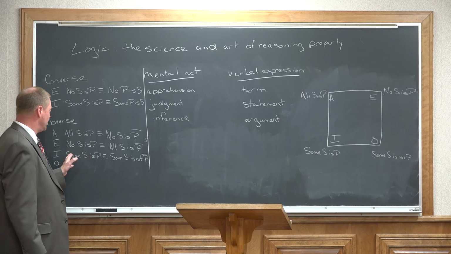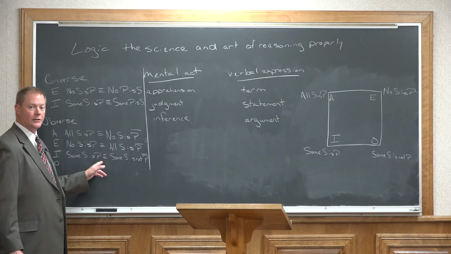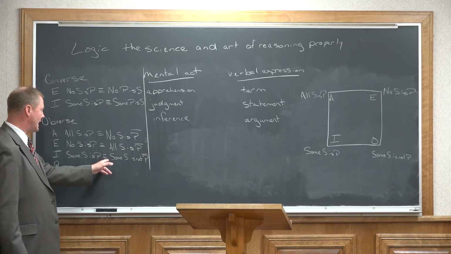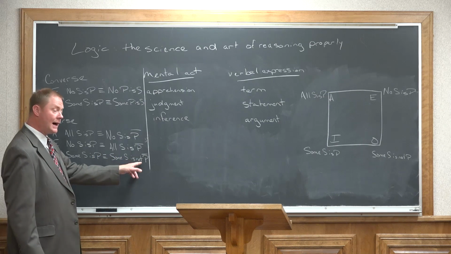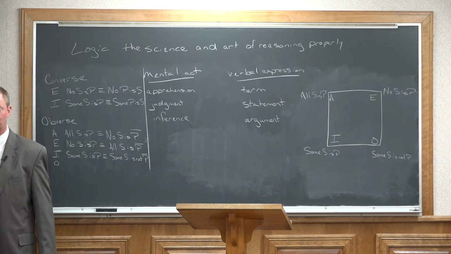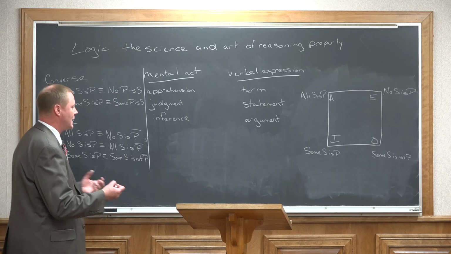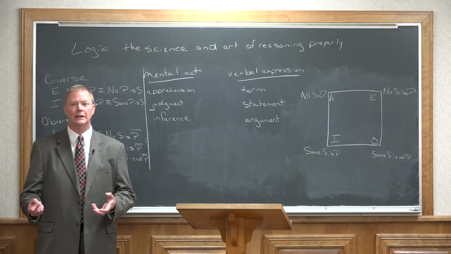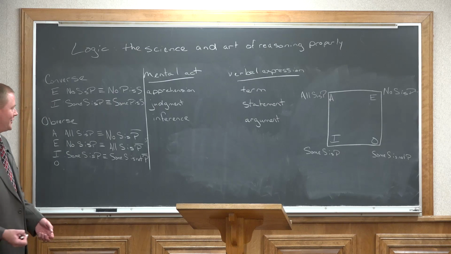Some dogs are Rottweilers is logically equivalent to saying some dogs are not non-Rottweilers. That's where it gets confusing for you. But if you think about it, that double negative, not non, makes it a positive, just like they teach you in English class.